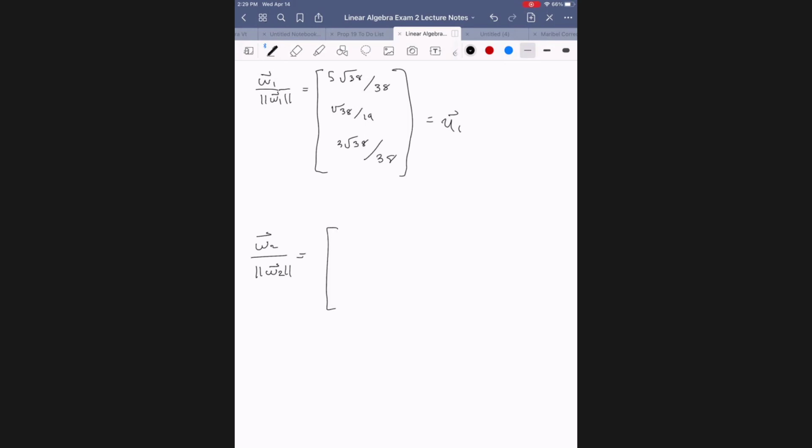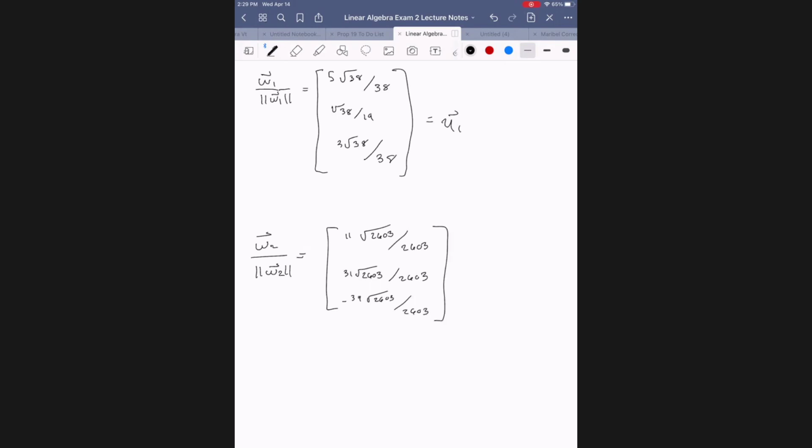So this one will become 11 times the square root of 2603 divided by 2603, 31 square root of 2603, and then minus 39 square root of 2603 divided by 2603.